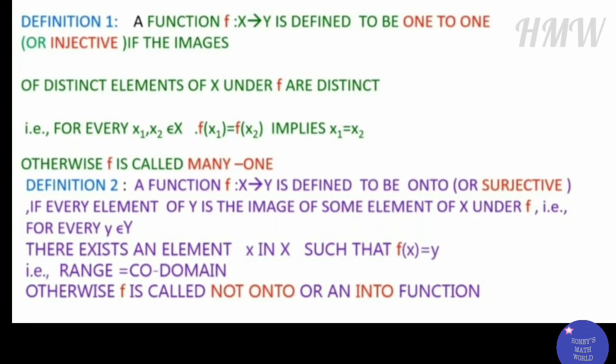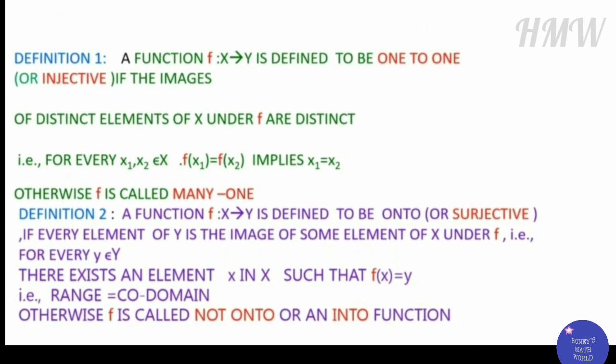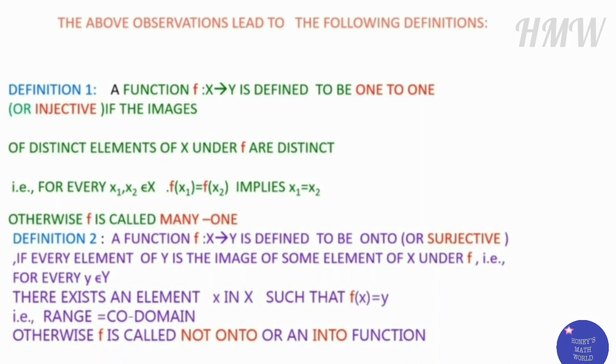Second definition, a function is said to be onto or surjective if every element of y is the image of some element of x. That is, every element in the set y is related to some element in the set x. And if the function is not onto, it is sometimes called as into function.